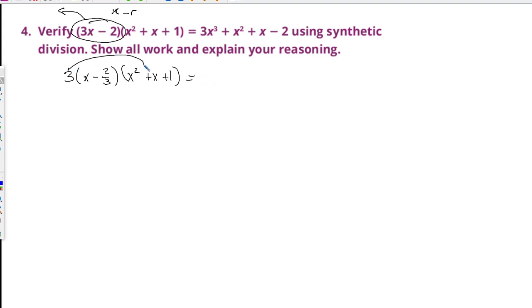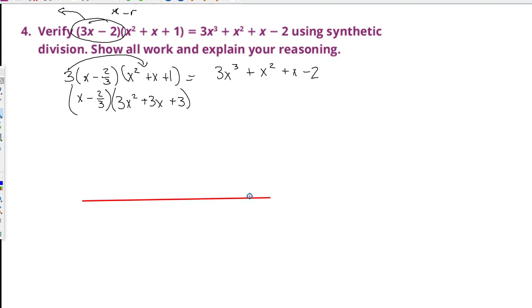And so that would end up multiplying into here. And that gives you 3x cubed plus x squared plus x minus 2. And it wants us to use synthetic division to prove it.